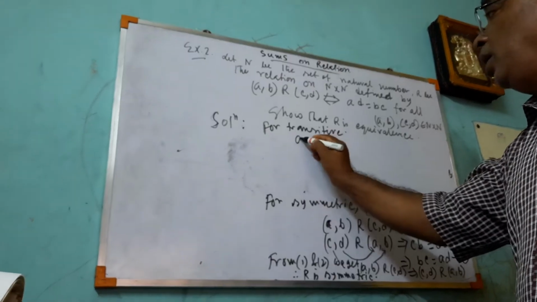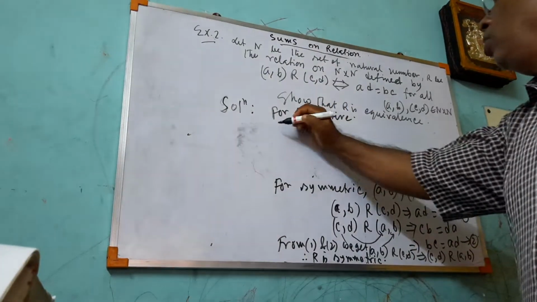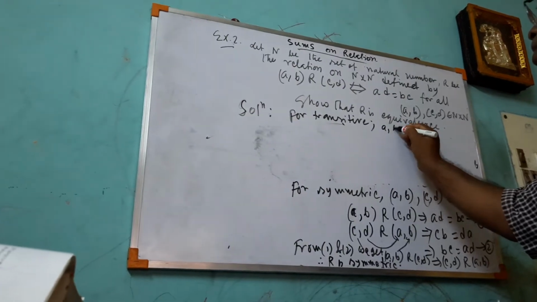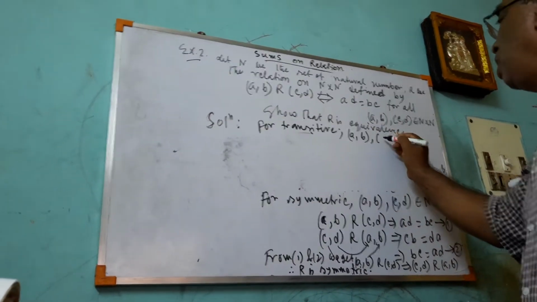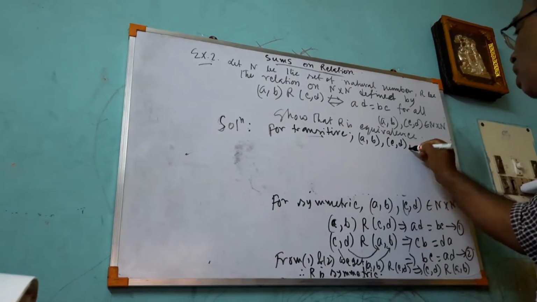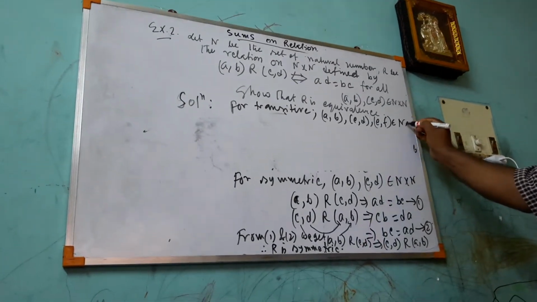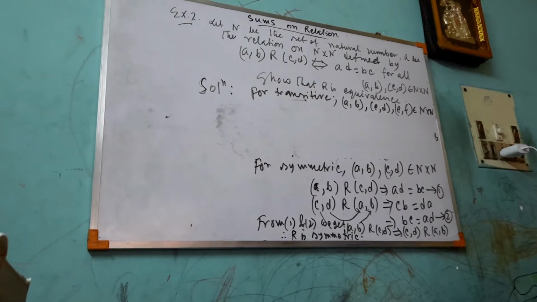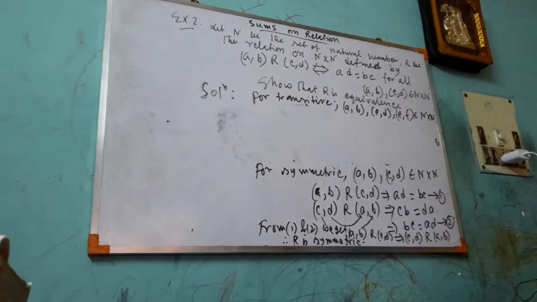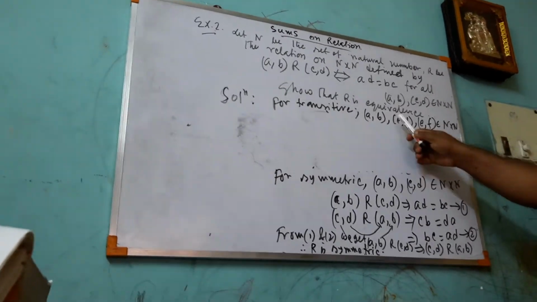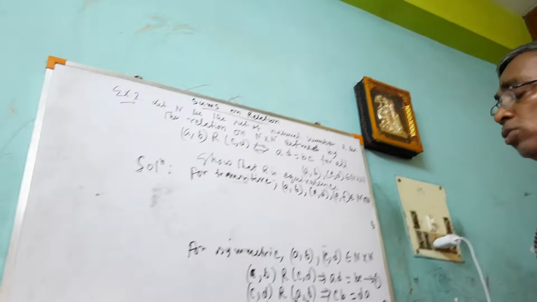That is (a,b), (c,d) and (e,f) belonging to N cross N. Now (a,b) is related to (c,d), and (c,d) with (e,f), these two are given. From these two arguments we have to show that the first is related to the third or not.